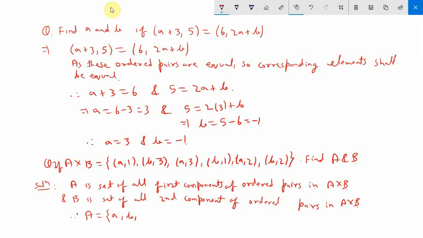So these two are the only elements. Next, set B equal to {1, 2, 3}. Okay, friends. So this is how we can find two sets if the Cartesian product of two sets is given. So we will discuss another problem. Let me clean this.